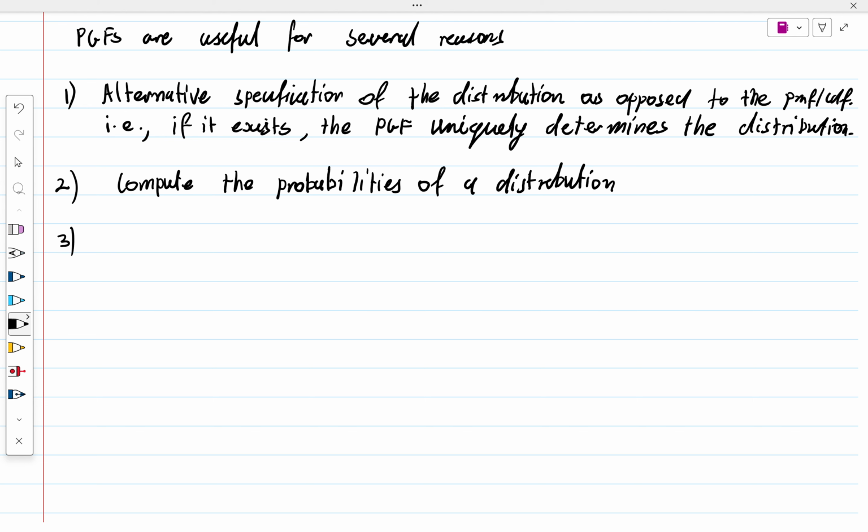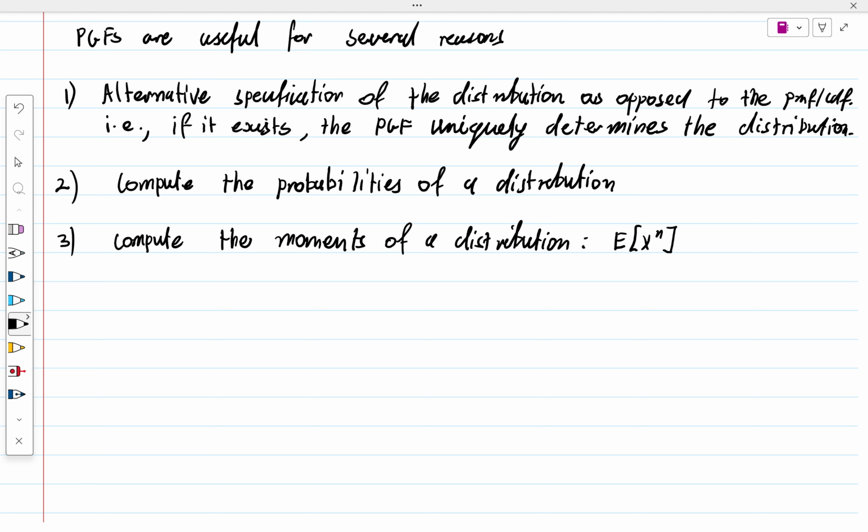Number three, it can also be used to compute the moments of a distribution. And by moments, of course, I mean the expected value of x to the power of n, where n is a natural number.